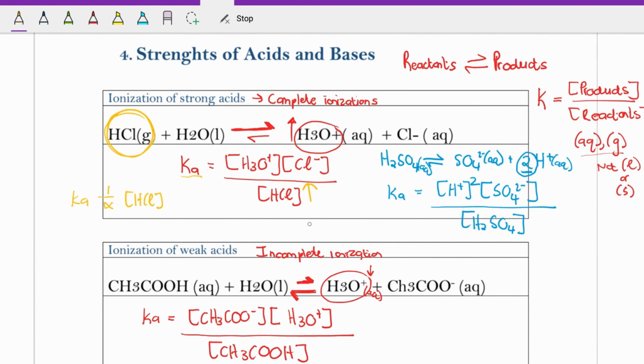So in other words, as my concentration of hydrochloric acid increases, my Ka value will decrease, okay, because it's a fraction. So 1 over a very high value will give you a very small value. And they could ask you the opposite. If this concentration is very low, then the Ka value will be very high.